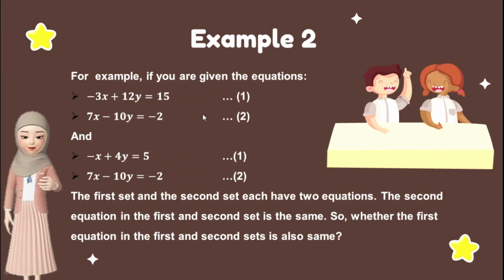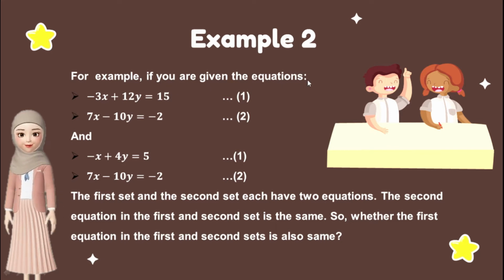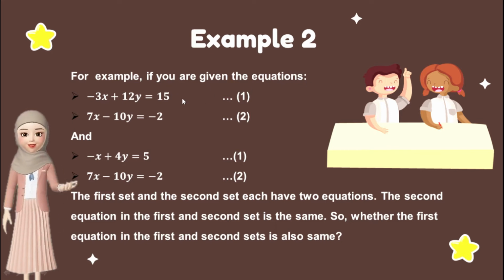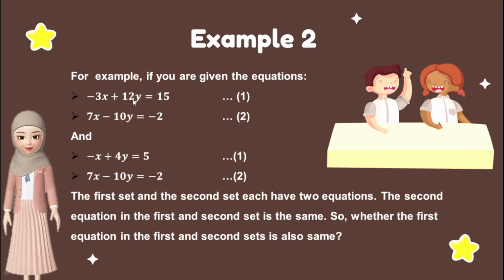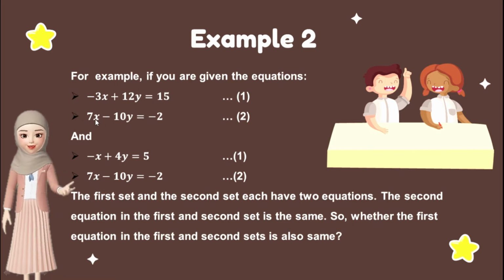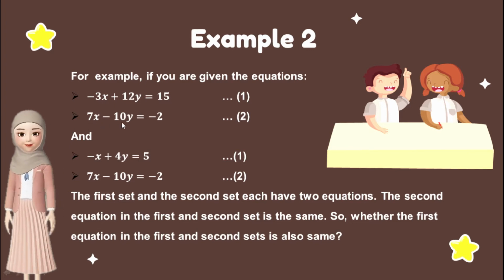Example 2. For example, if you are given two sets of equations. The first set consists of two equations. The first equation is minus 3x plus 12y equals 15. The second equation is 7x minus 10y equals minus 2.